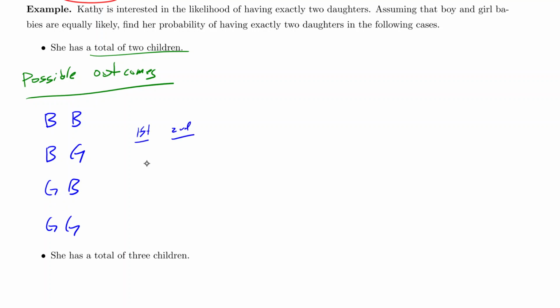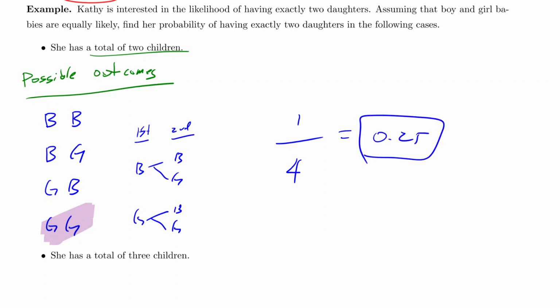First, second, boy first, then we get boy and girl. Girl first, then we can also get boy and girl. Still there are a total of 4. So out of 4, only one outcome is the 2 daughters, 2 girls. Therefore, 1 out of 4, 0.25, is the probability.